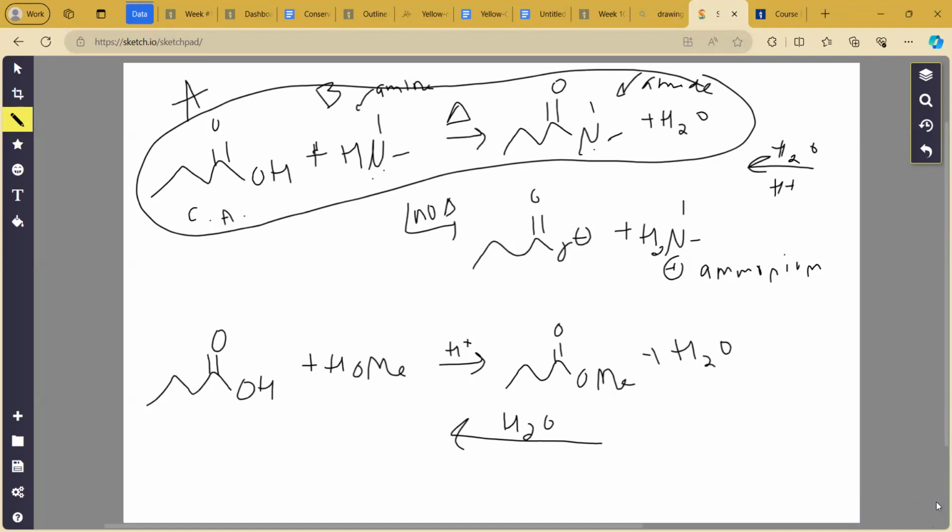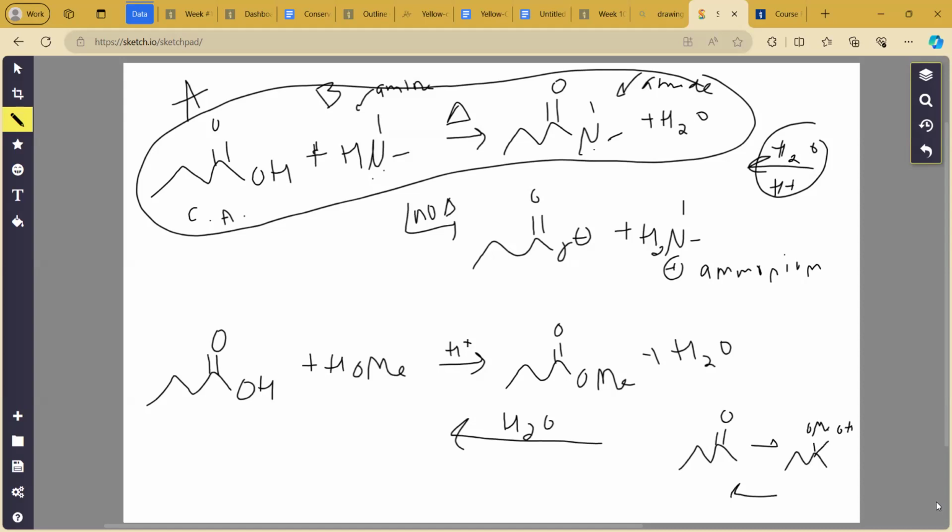Now, the one on the bottom is an acid-base reaction. It's not a substitution reaction where you're reverting one thing for another. Acid-base is a complete swapping of hydrogens. This is a swapping of groups. So it's very similar to our hemiacetals, right?